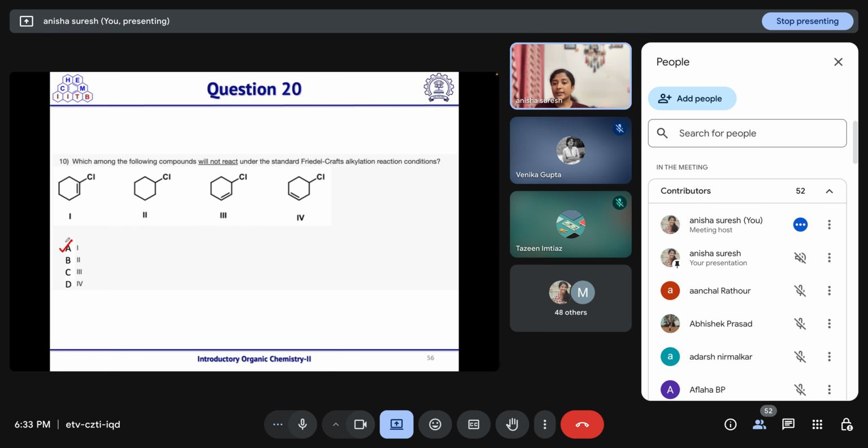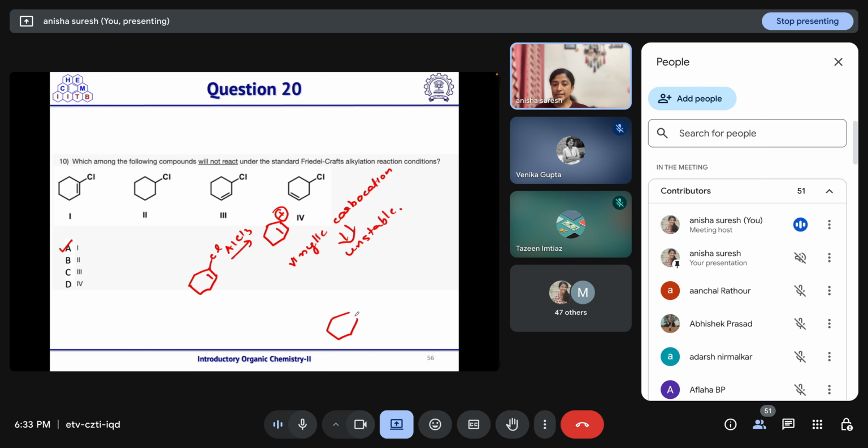Yeah. So in the case of this compound, after treatment with AlCl3, it will result in the formation of this carbocation, which is a vinylic carbocation, and this carbocation is unstable. So it will not undergo Friedel-Crafts alkylation under normal condition.